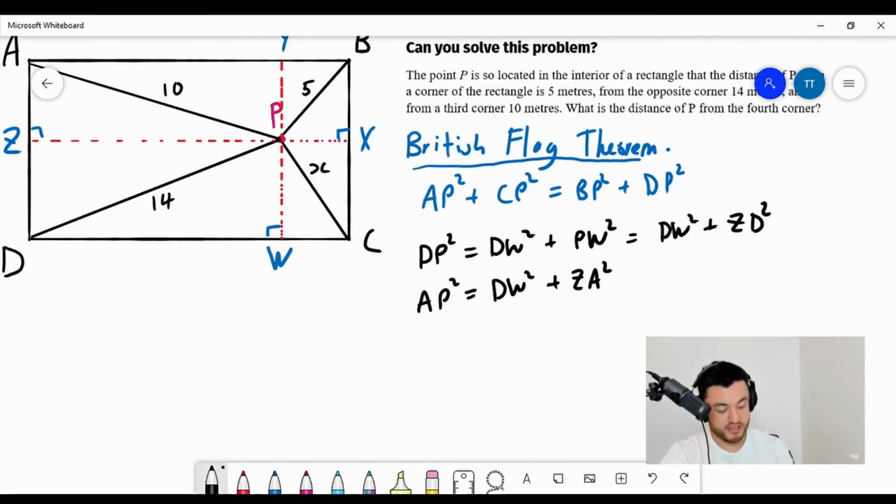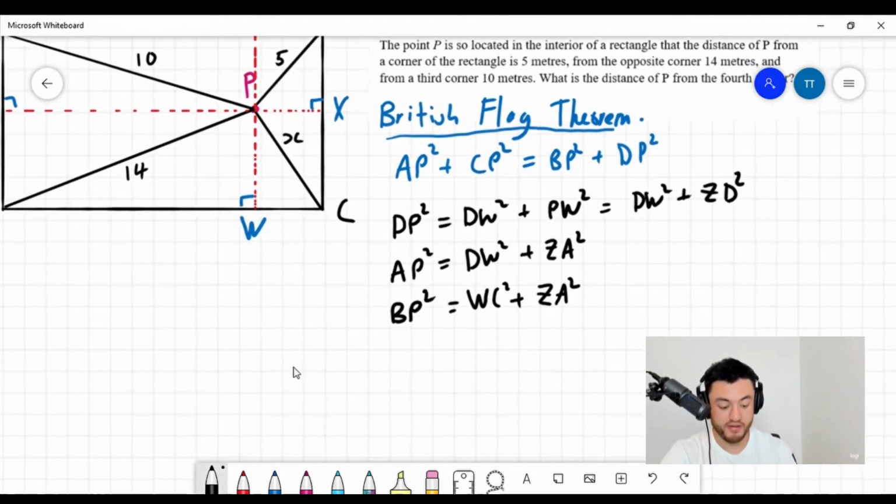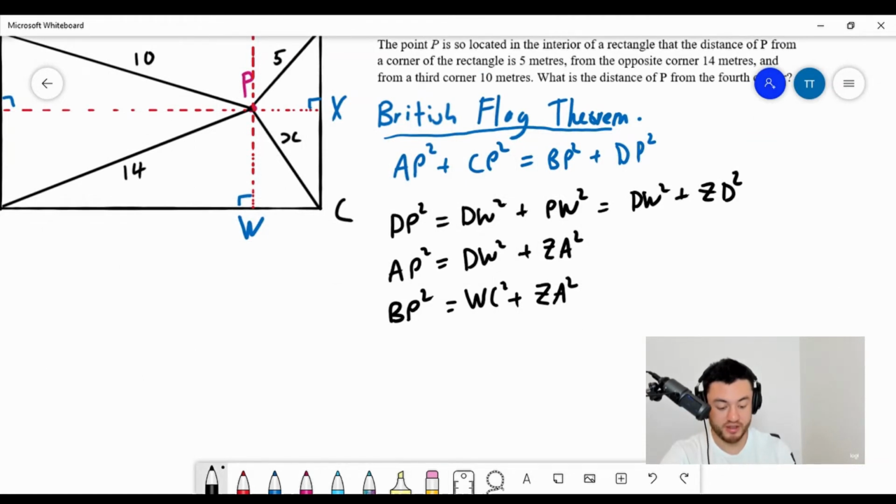Okay, moving over to the right, we're looking at triangle BPX. So we can say that BP squared is equal to WC squared plus ZA squared. So can you see how I'm picking and choosing where I'm swapping my sides? I'm trying to ensure that I'm using the sides that I've used in my previous theorems, because that way I can eliminate some and get the relationship above.